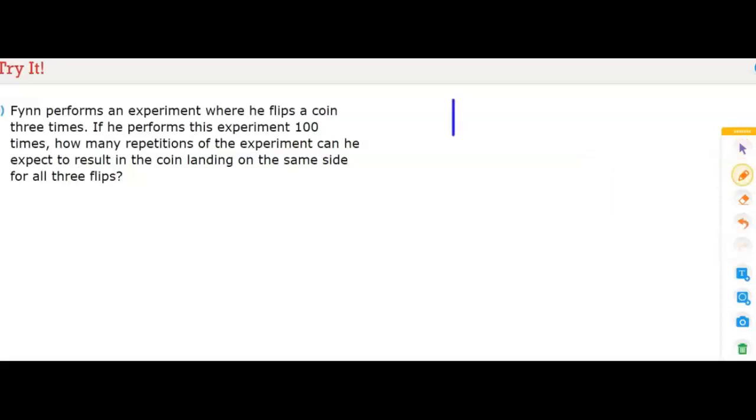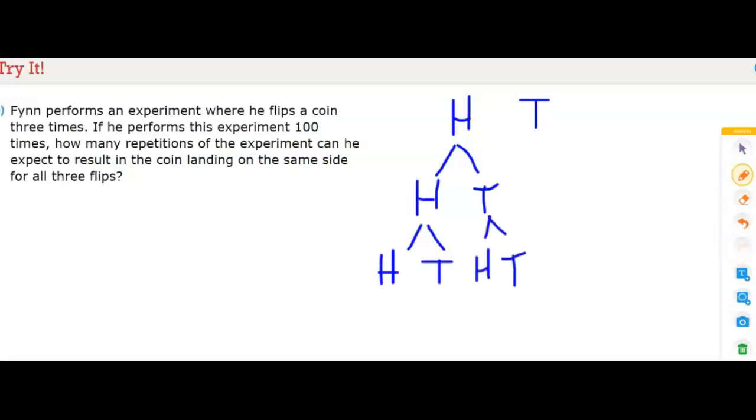So we start with our heads and tails as the first flip. Those are your options. Then you flip a second time, you can either get heads or tails. Then you flip a third time, you get heads or tails, but you have to do that for both options because it could go either way. And you do the same thing for tails.